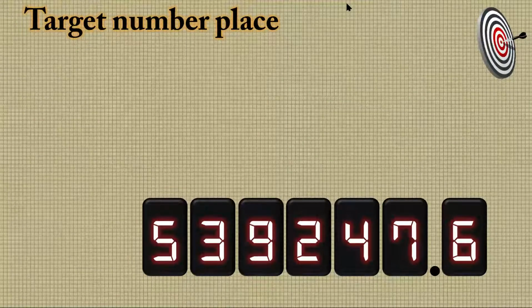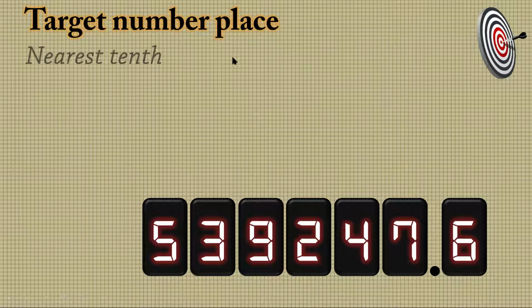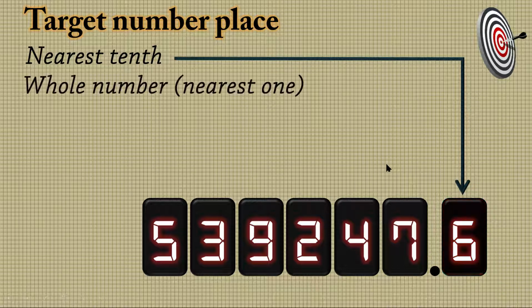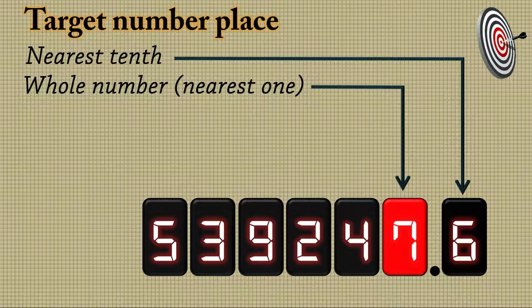The rounding process is started by specifying the target number place. It means that you have to specify which number place the rounding is going to be to. For example, suppose that the rounding is going to be to the nearest tenth. So we will concentrate on the number place of tenths. If it is done to the whole number, you will concentrate on the number place of ones.